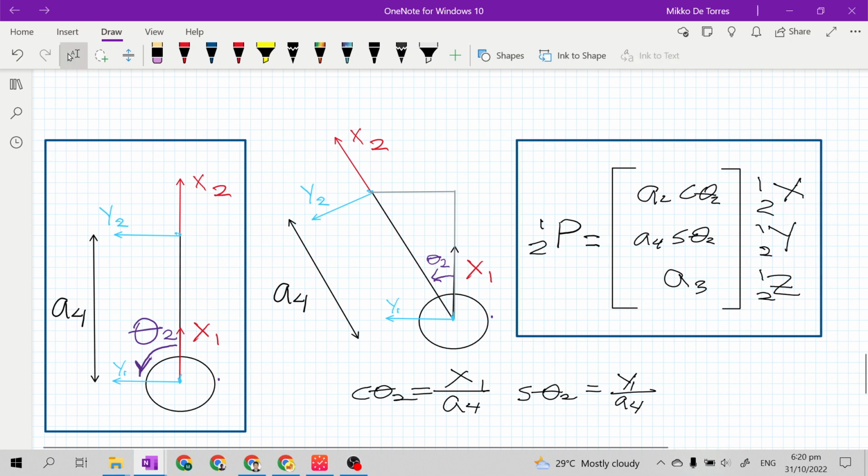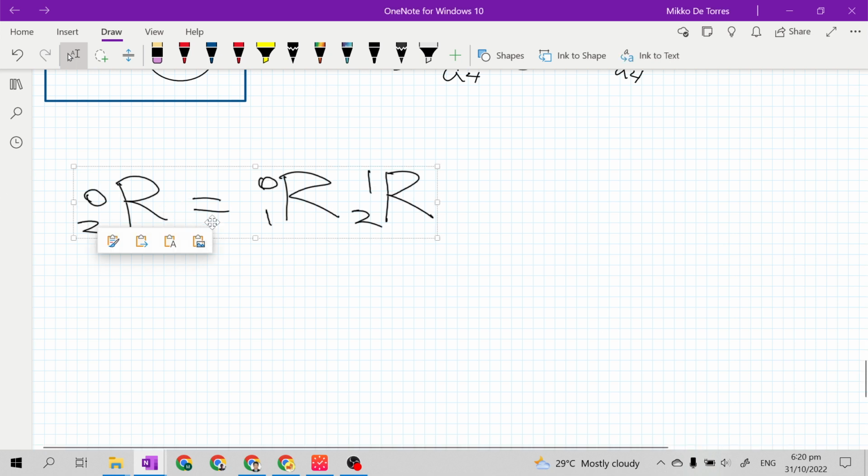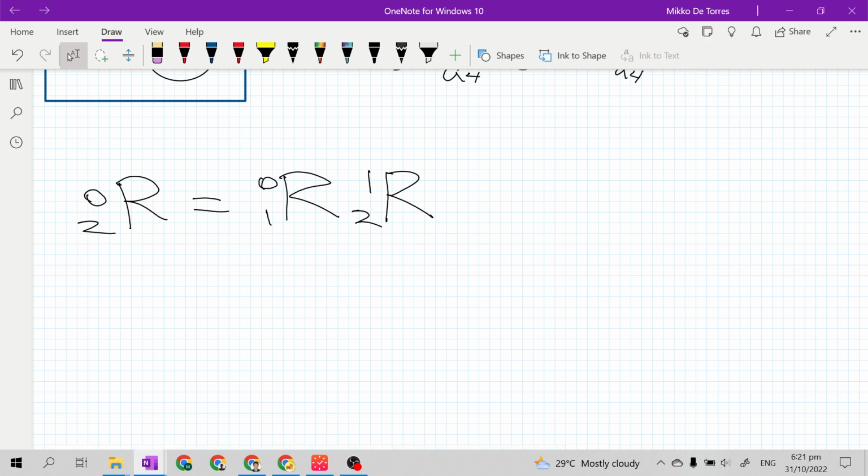Unlike rotation matrices, we can multiply a 3 by 3 rotation matrix to another 3 by 3 rotation matrix to get the rotation matrix of a whole mechanical manipulator, just like from our lessons on rotation matrices.